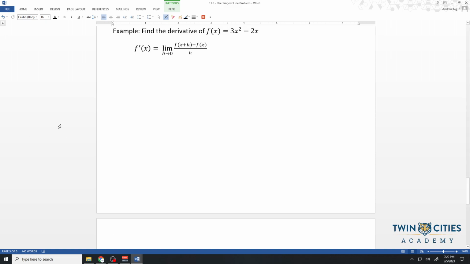So let's set this up. f prime of x, my derivative, is equal to the limit as h approaches 0 of f of x plus h minus f of x over h.